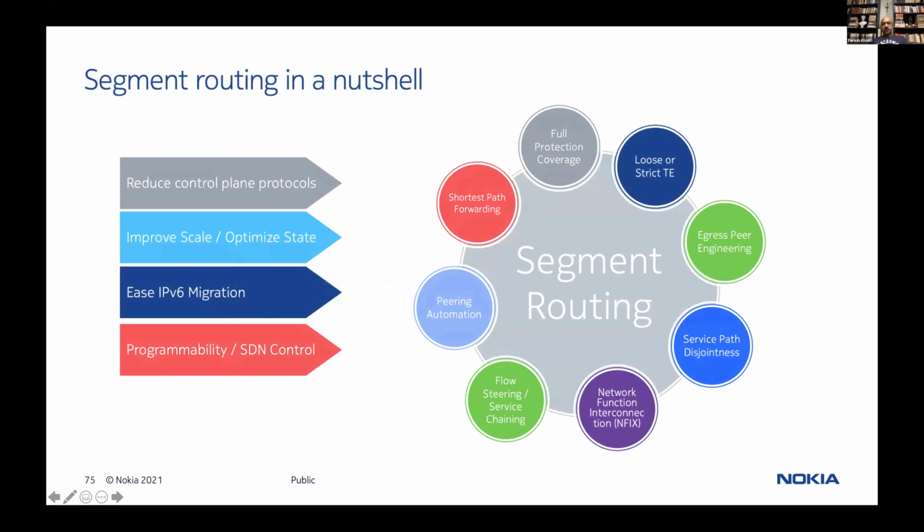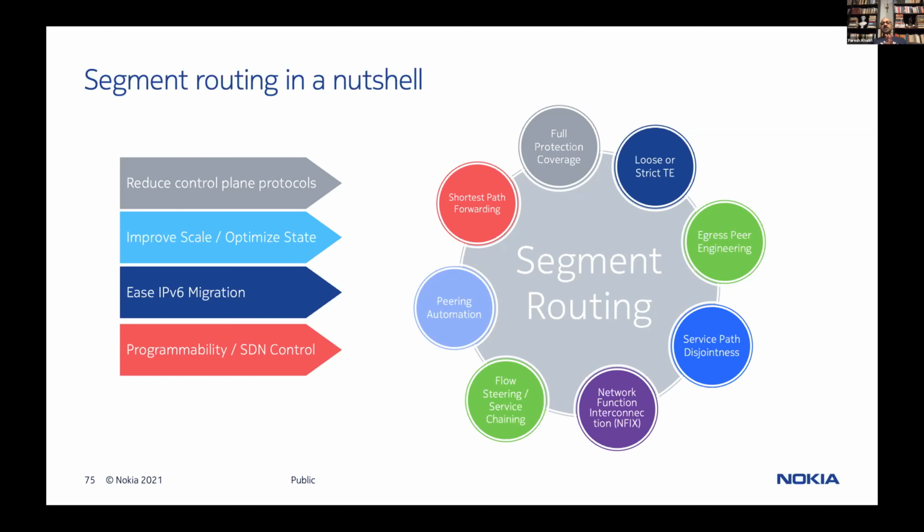So if I were to summarize this in a nutshell, segment routing, what does it do? It helps us to reduce control plane protocols, right? So we are able to get rid of a few protocols like LDP and RSVP-TE by making better use of the IGP.